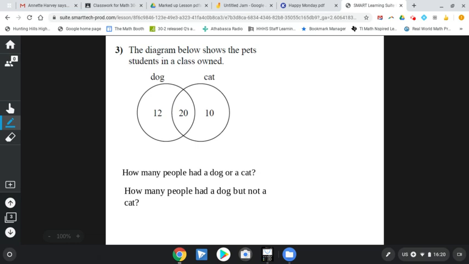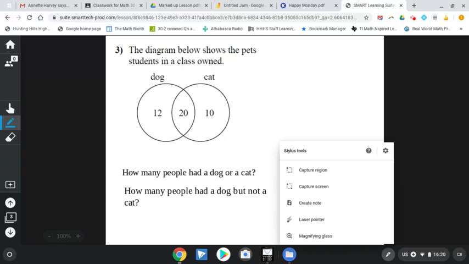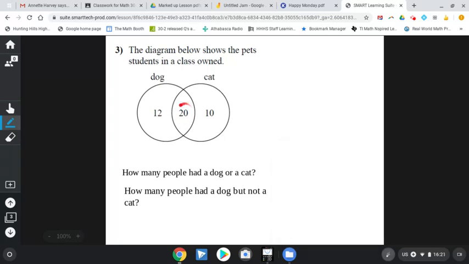The diagram below shows the pets students in a class owned. We see that some people have a dog, some people have a cat, and because there is a number in the center, I see that there are 20 people that had both.